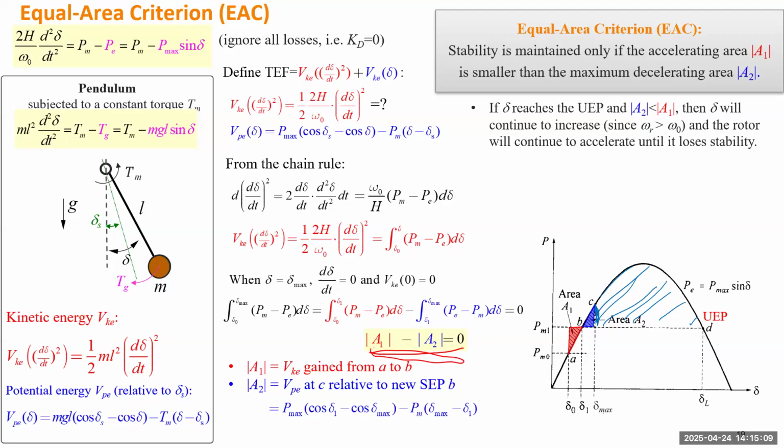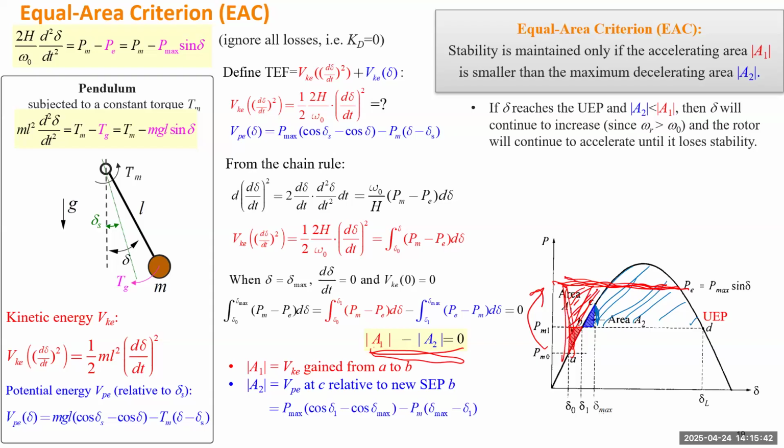Some more explanation. If the angle reaches the unstable equilibrium point, the decelerating area will be smaller than the accelerating area. One case is if you increase the mechanical power too much. If you increase by a very large step, this whole area will become accelerating area, right?